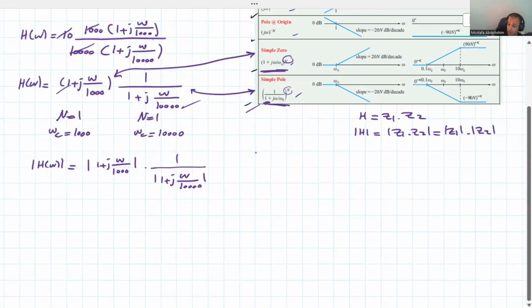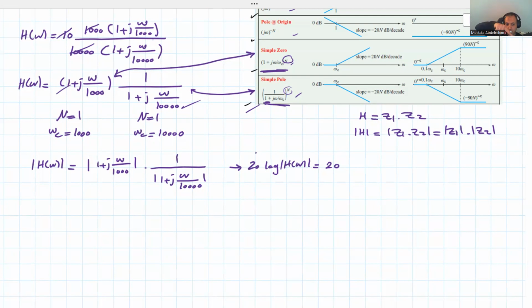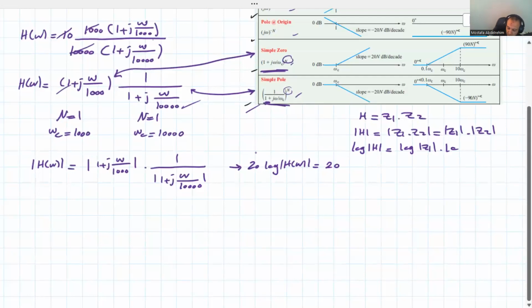Okay, and again, we don't draw h of omega. We draw 20 log magnitude of h of omega. And when you have log of two terms multiplied, you can have log of the first plus log of the second. So log magnitude of h equal to log magnitude of Z1 plus, I'm sorry, not multiply, plus.